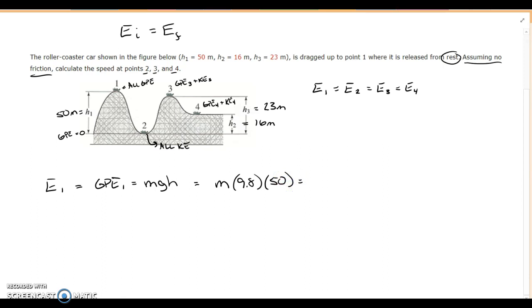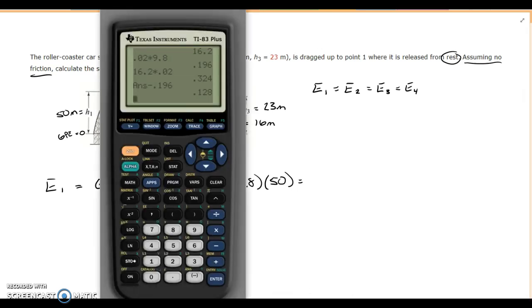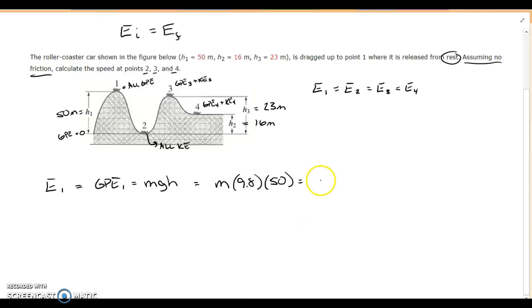Now, they didn't give us the mass. If we had the mass, I could figure out that exact amount, but I don't know it right now, so I'm just going to keep that value as m, and I can use my calculator, do 9.8 times 50, and I'm going to get a value of 490 times the mass, and that's going to be in joules. So if I knew the mass, I'd know that amount.